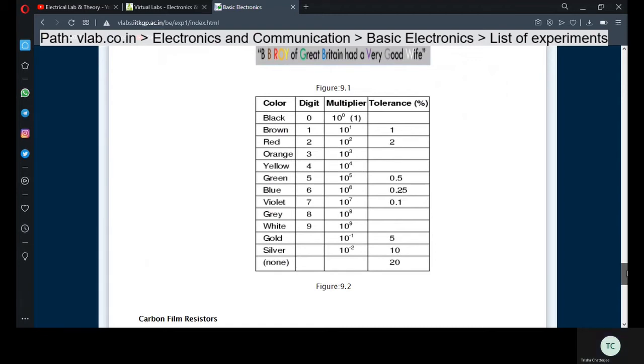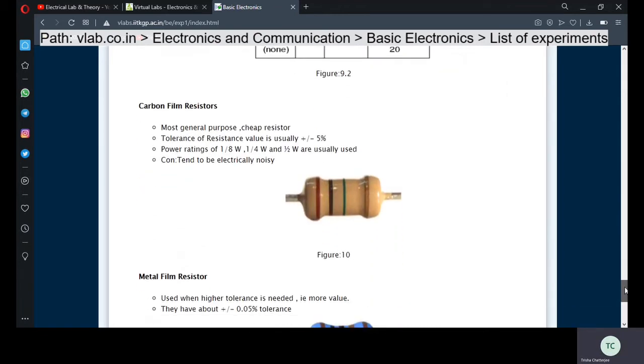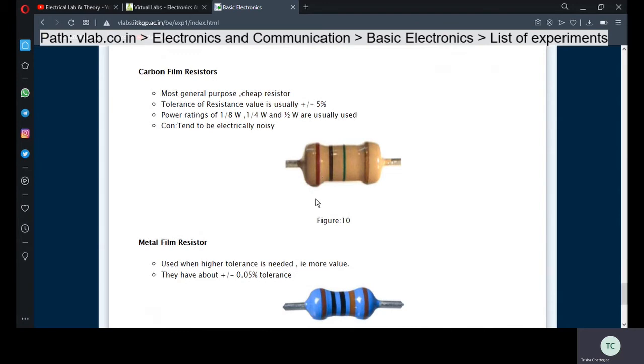Now there are some details given for carbon film resistors. Carbon film resistors are very cheap, and they are mainly green in color. The metal film resistors you can mainly find in blue color.